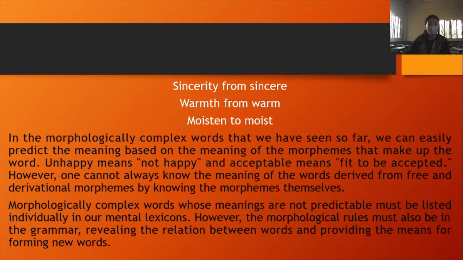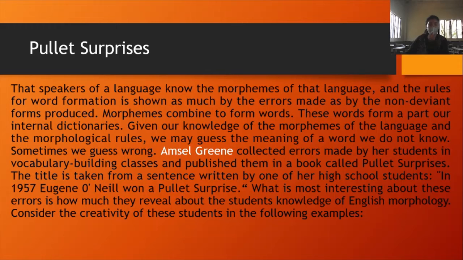Morphologically complex words whose meanings are not predictable must be listed individually in our mental lexicons. However, the morphological rules must also be in the grammar, revealing the relation between words and providing the means for forming new words. So lastly, malapropisms.